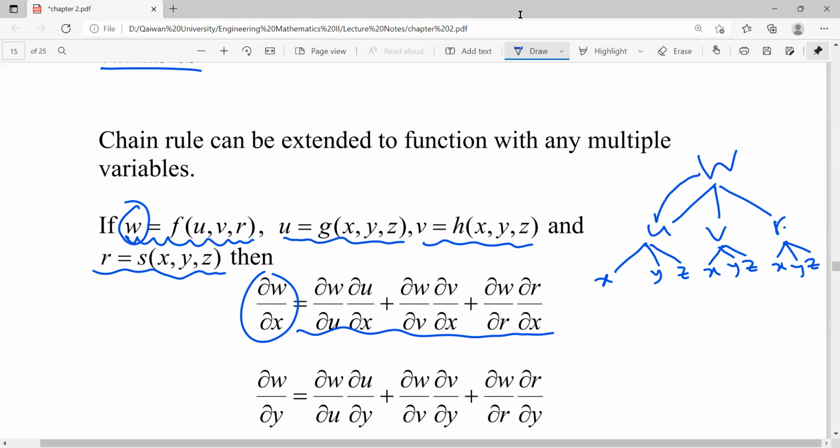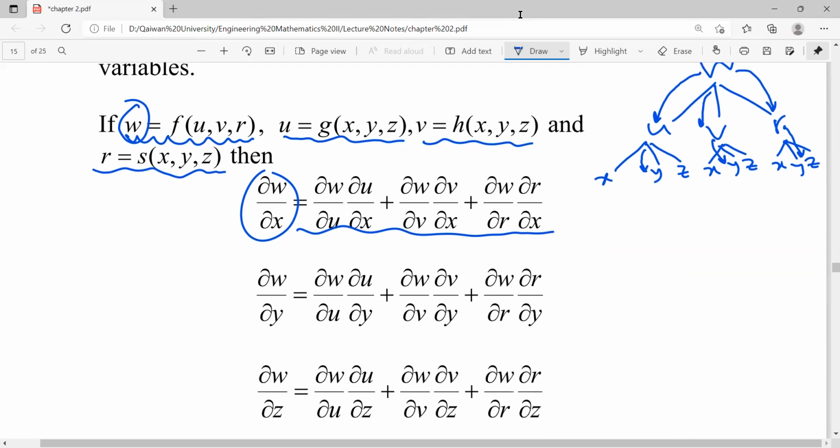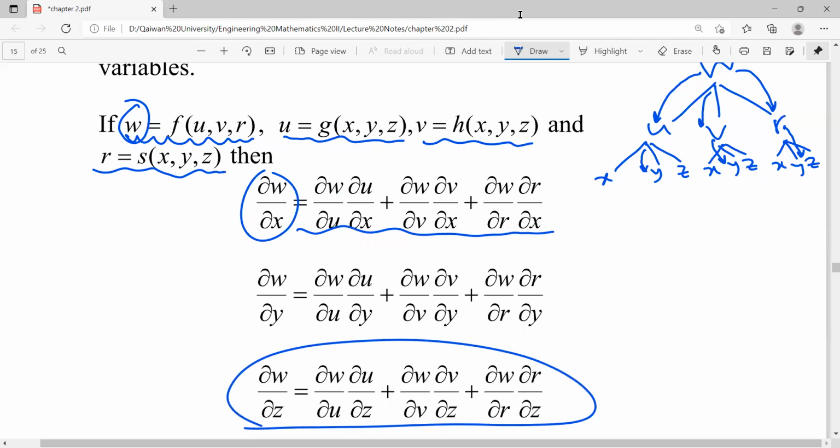Partial W by partial U times partial U by partial Y. Then partial W by partial V times partial V by partial Y. And then partial W by partial R times partial R by partial Y. This is the chain rule for partial W by partial Y. How about for Z? It's the same.